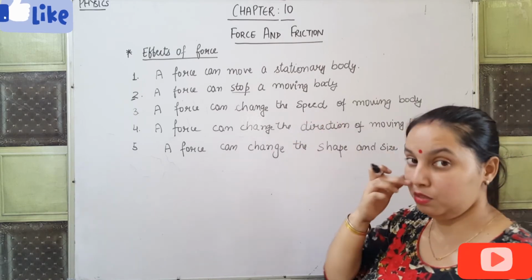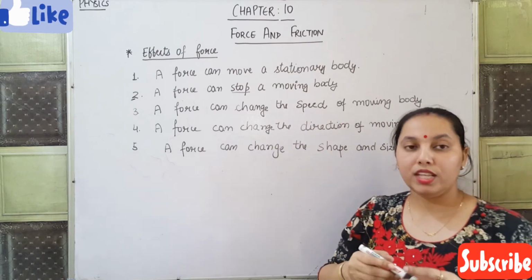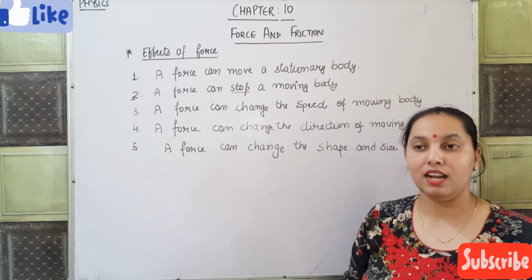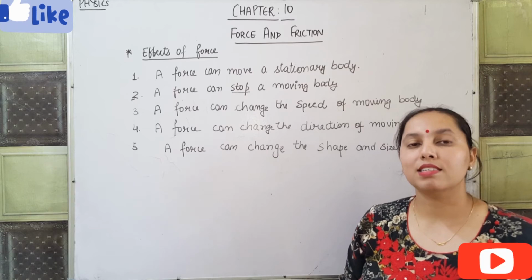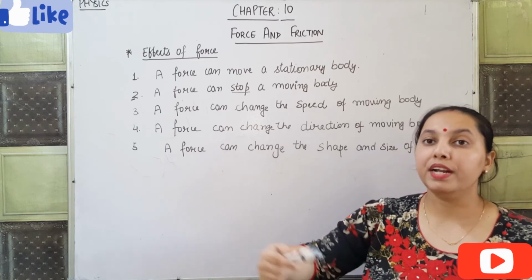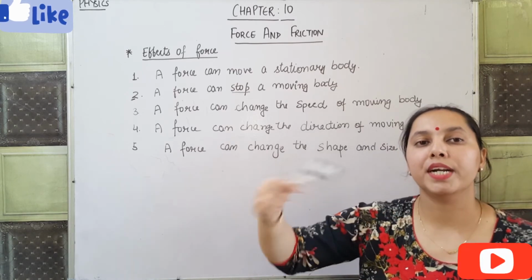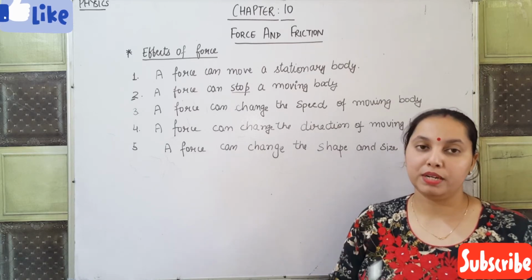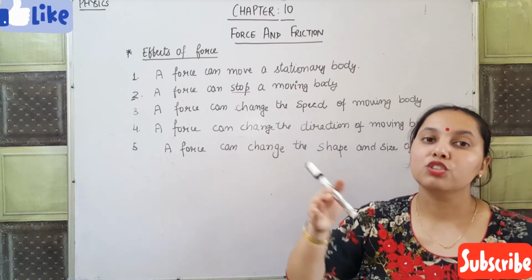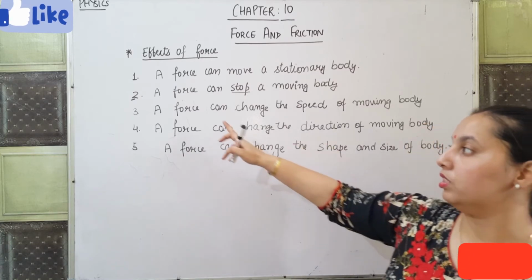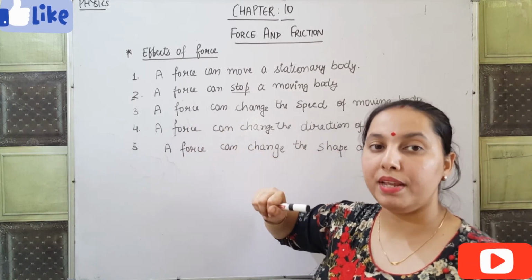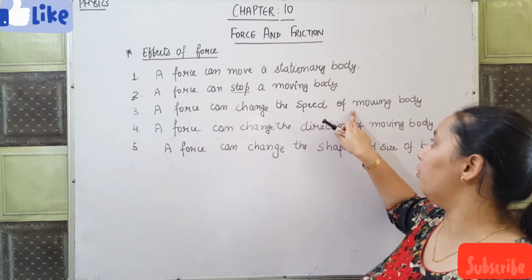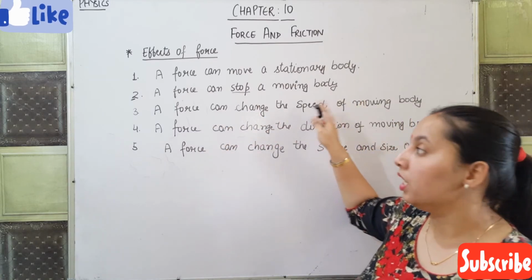For example, take the bicycle only. When you pedal faster, you will move fast, means speed is increasing. And when you start applying brakes, the speed of the bicycle slows down. It means I applied the brakes on it, and force has changed the speed of the moving body.